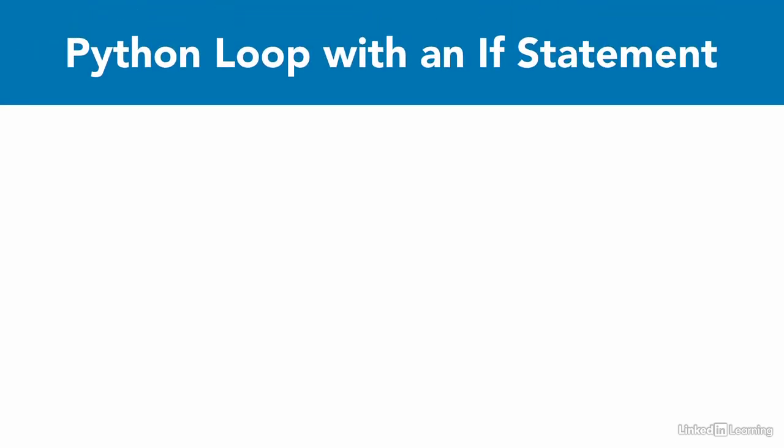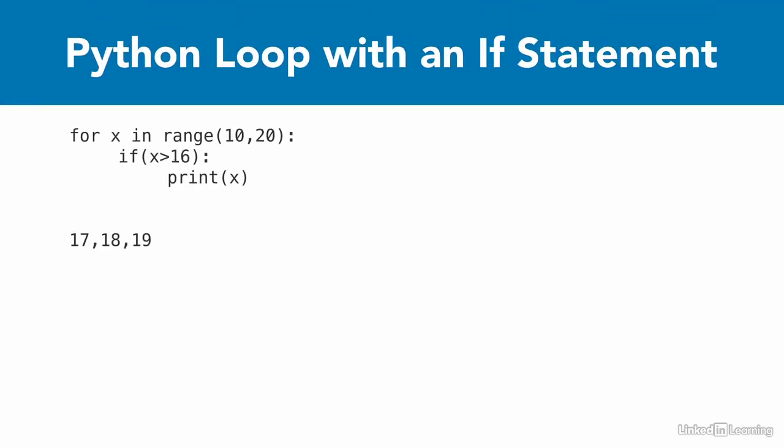Now for looping, it's the same thing. So for example, I'm saying loop over x from a range of 10 to 20. Now, when I say that, loop over x from a range of 10 to 20, so x becomes 10, 11, 12, and so on. I have a colon at the end, and then everything indented after the colon are inside that loop. But then I have another line in there. It says, now if x is greater than 16, do something.